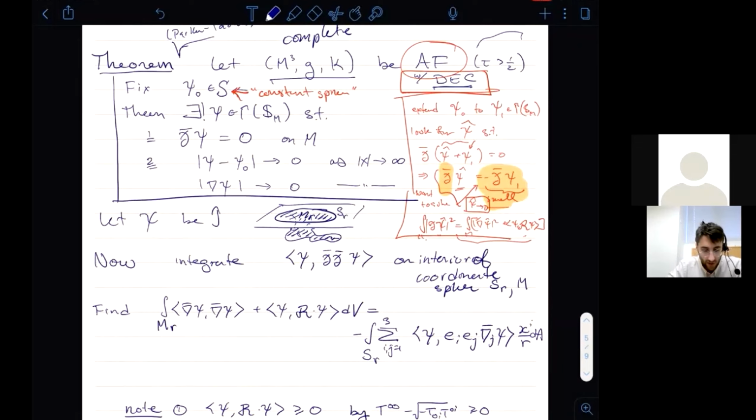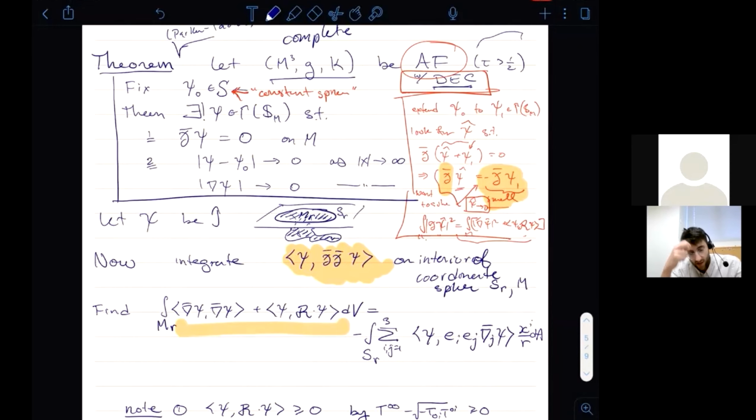Okay, so what do we do? We take the pairing of Dirac-bar psi with psi, using the pointed brackets inner product. Well, this is obviously 0 since we chose psi to be Dirac harmonic. So by the Lichnerowicz formula, on one hand, we get this when we integrate by parts off one derivative.